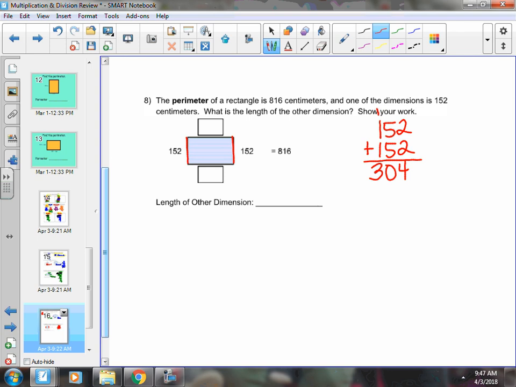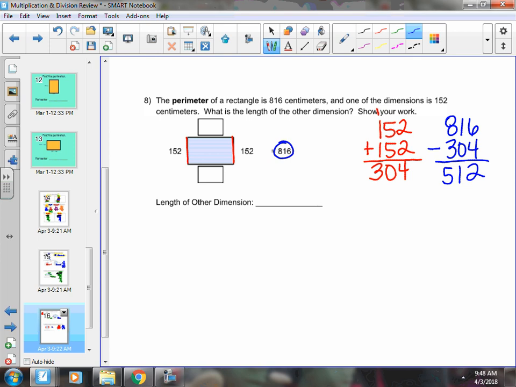Now take our total minus that, and that'll give us what we have left to work with. Right? So let's take our total, which is 816, minus what we know, and that'll give us what we have left to work with. Okay? Gosh, that's an easy subtraction problem.